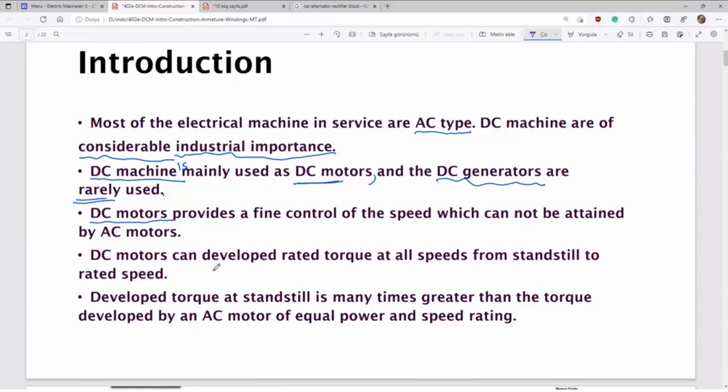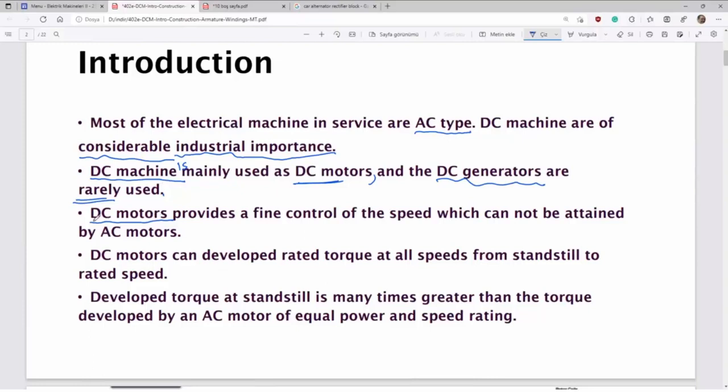Starter motors used for internal combustion engines are always DC serial motors. We will talk later. Because it is a very tough or difficult job, the starting process of a car is very difficult, but there is a motor that can handle this. It is the DC serial motor. We will talk.